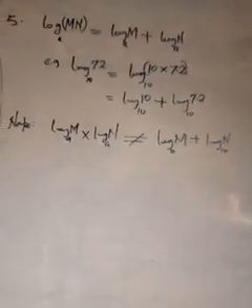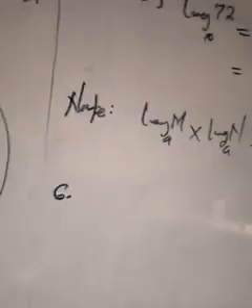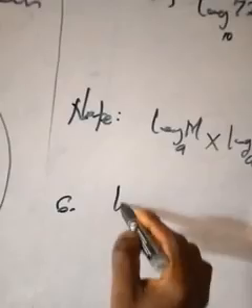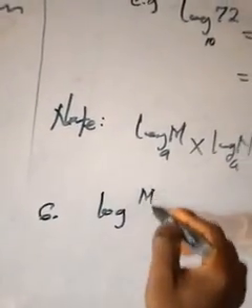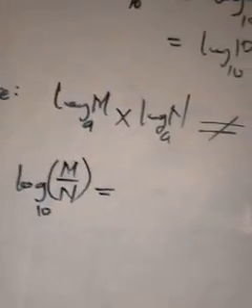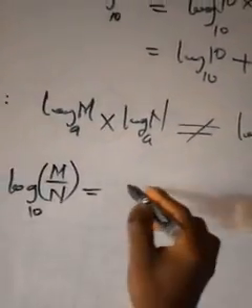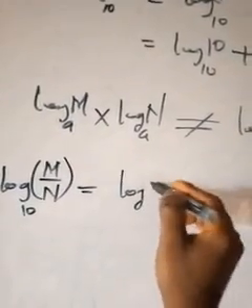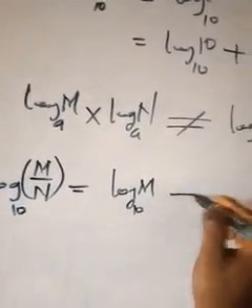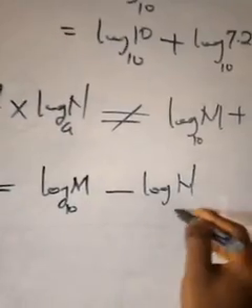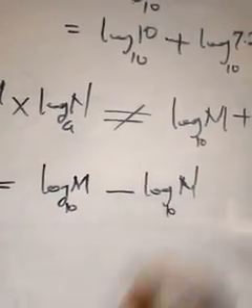They are not the same. Now let's move on. The sixth one is logarithm of division. If you have log m over n base 10, it's going to give us the difference of separate logarithms. That will be log m base 10 minus log n base 10.